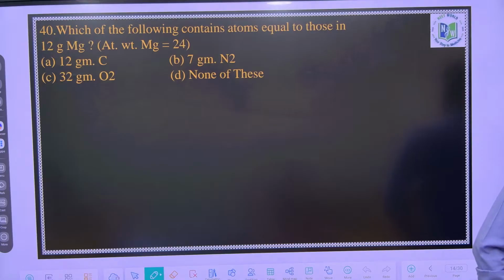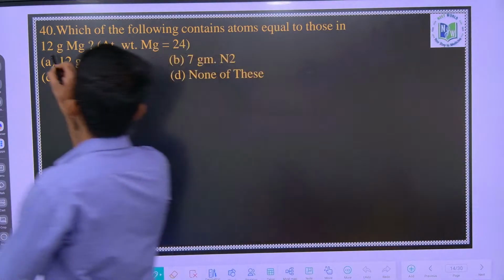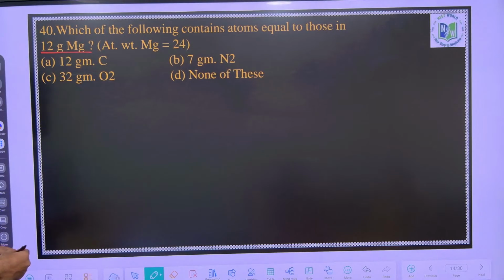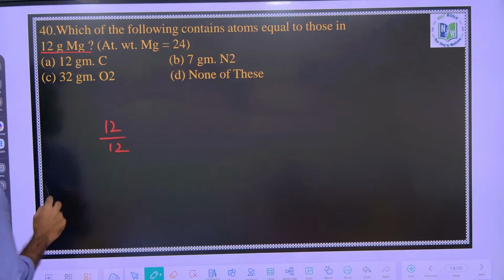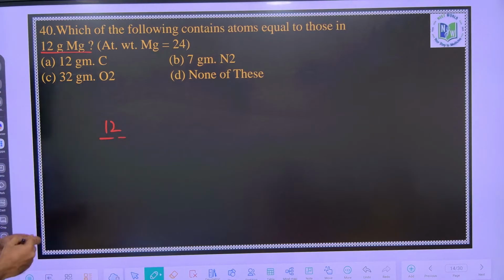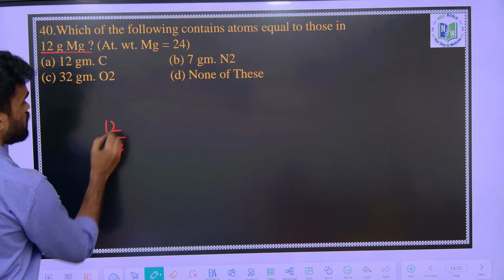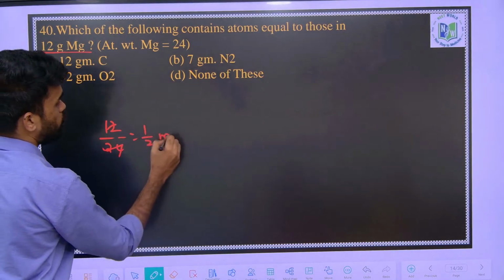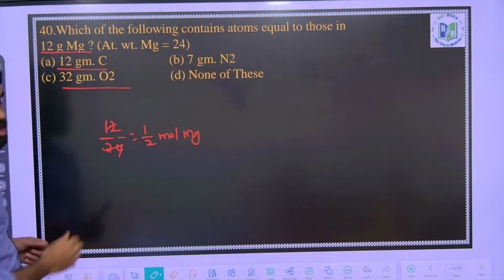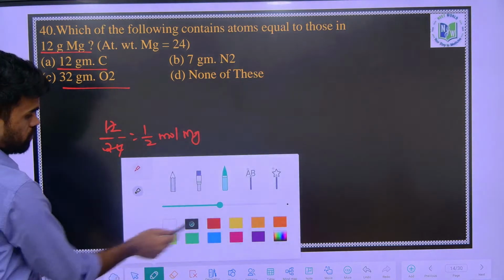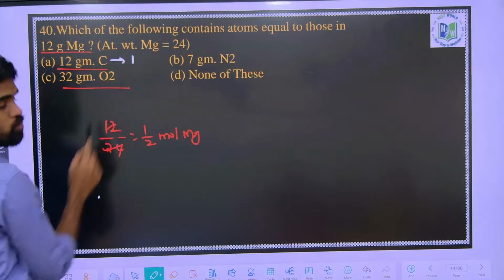Not getting? Which of the following contains atoms equal to those in 12 grams of magnesium? So how to do? In 12 grams, how many moles do you find? Given weight is 12 by 12? No. What is the molar mass of magnesium? 24. So this is half mole. Half mole of magnesium. Then next, go through these options. 12 grams of carbon means 12 by 12, it is 1 mole.